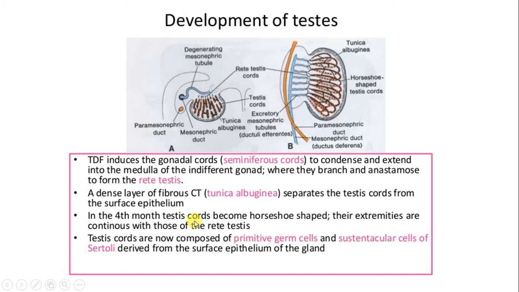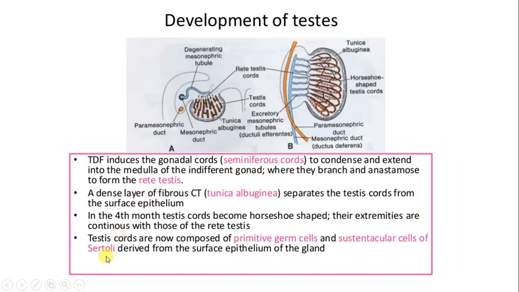In the fourth month, the testis cords become horseshoe shaped, and their ends are continuous with the rete testis. At this stage they are composed of primordial germ cells and sustentacular cells of Sertoli that are derived from the surface epithelium. One thing to note is that the Leydig cells develop from the mesenchyme inside, but the sustentacular Sertoli cells develop from the surface epithelium.